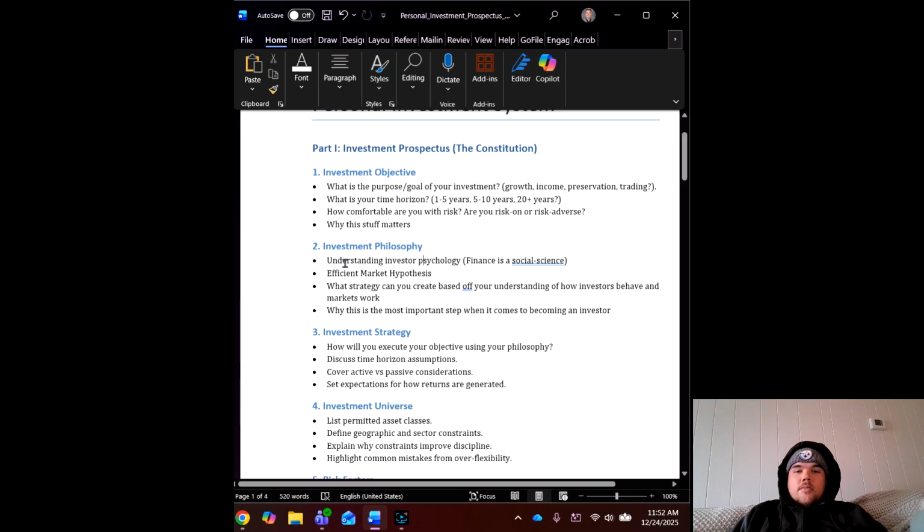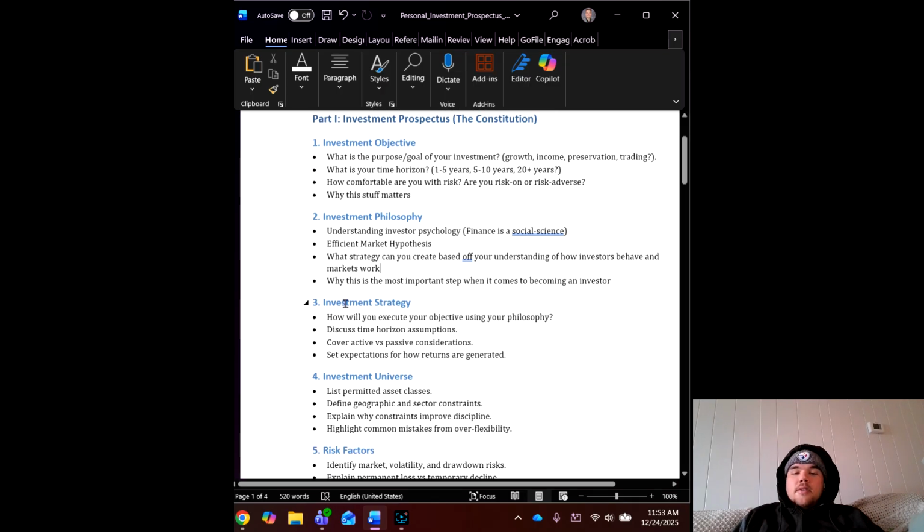It's not 'this is a rule, this is the way.' It's a rule or hypothesis or theory, but then there are limitations. Understanding the foundations of things in finance is the most important part of investing. If you understand the foundation, then you can expand your knowledge even more to where the path could take you.